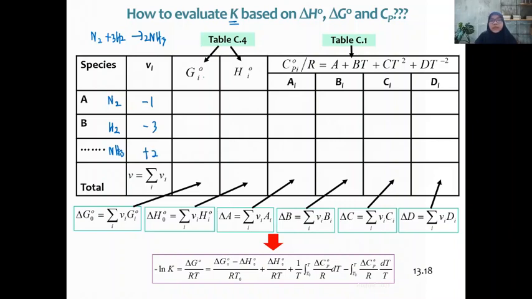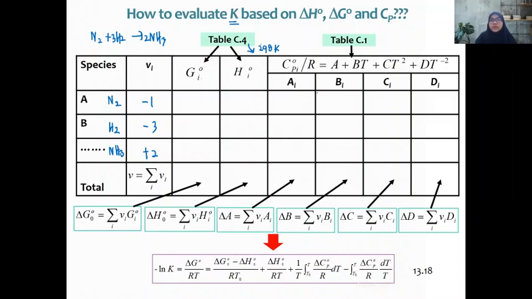The values of Gibbs energy and enthalpy you may refer to in table C4. The i refers to the species, and from table C4 it gives us the values at the reference temperature, which is usually at 298 Kelvin.